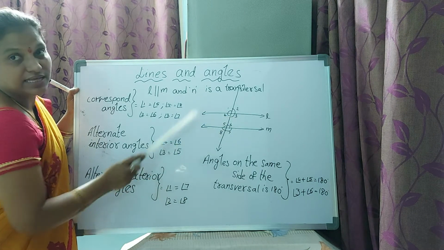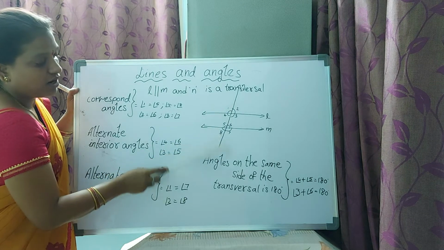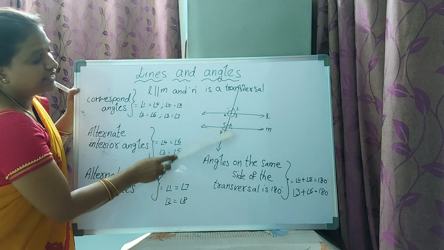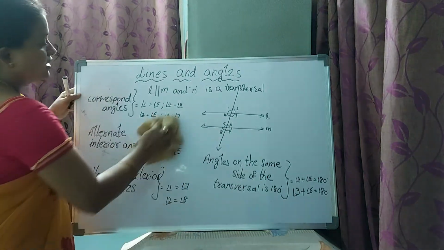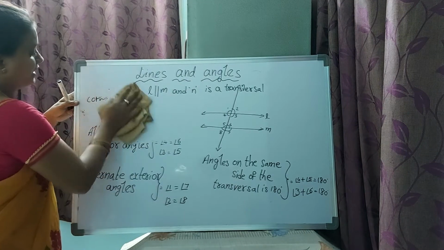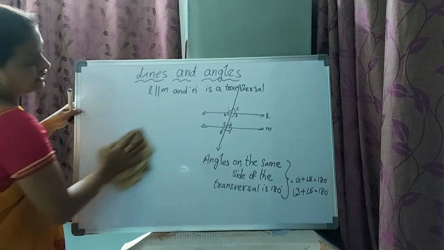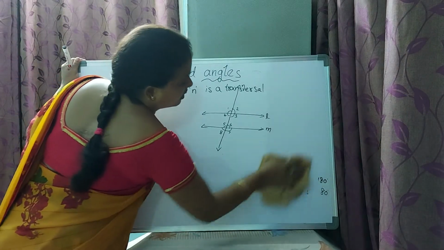Alternate exterior angles are equal. Angles on the same side of the transversal is 180. So, see, in this case, they will give you 4.3, based on this property, on these lines.